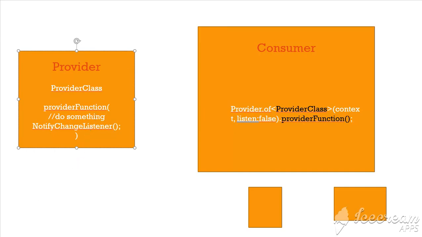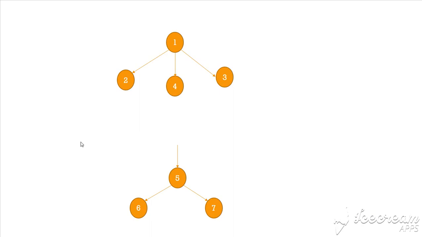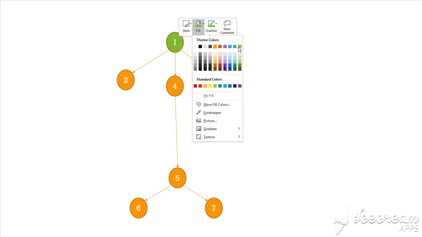So this is a simple block diagram explanation of the provider in Flutter. Let's go now to this diagram. Let's say we have a widget tree. We have this 1, 2, 3, 4, and 5, 6, 7, all these widgets. Let's say we are at this widget, and we can give it a color of green.